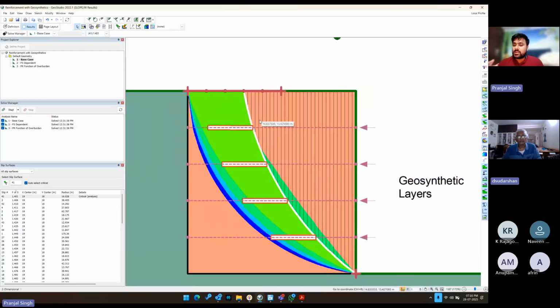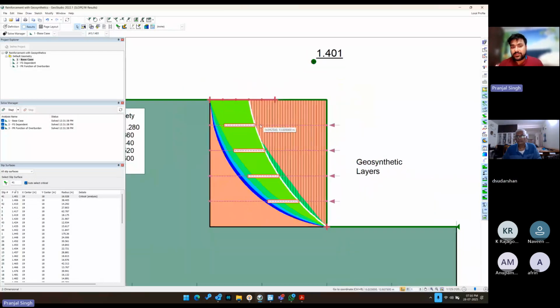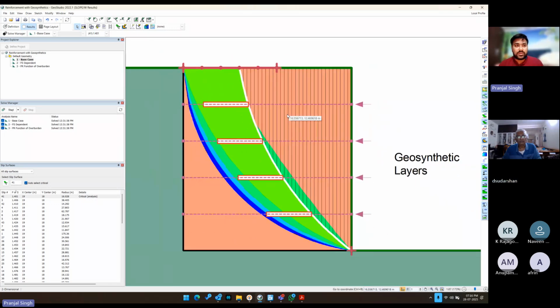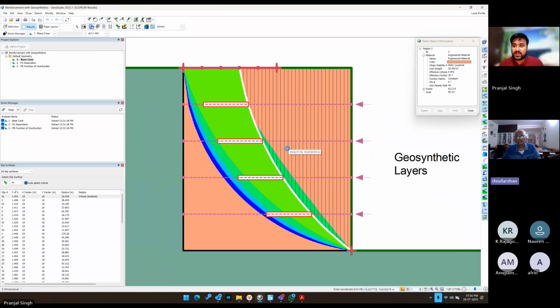You know that for a typical slope stability analysis, we divide the moving mass into different slices. So here you can see that we have these multiple slices.